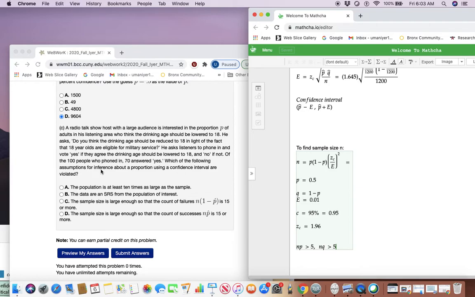Which of the assumptions for inference about a proportion using a confidence interval are violated? He interviewed 100 people.